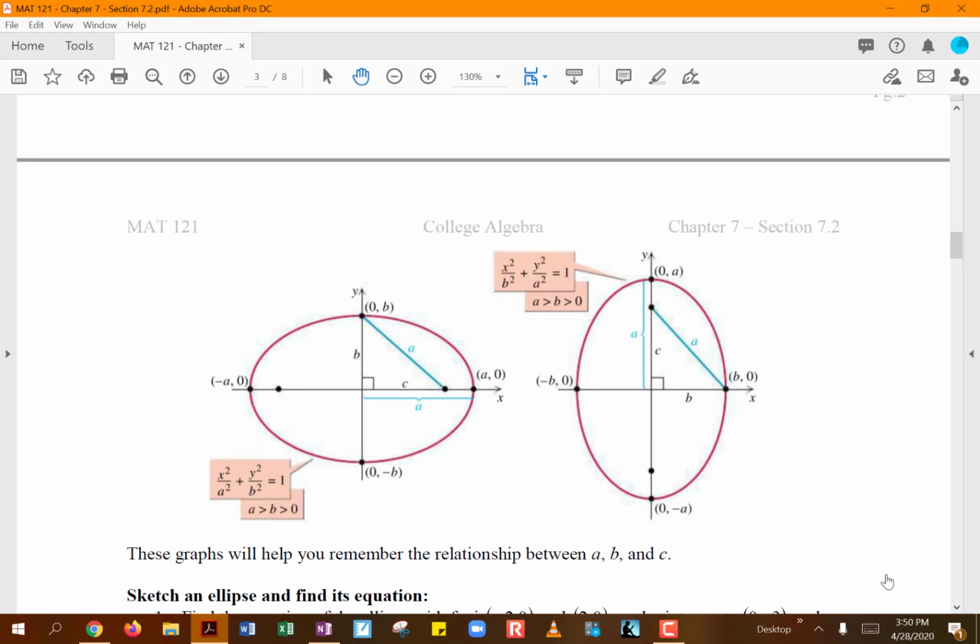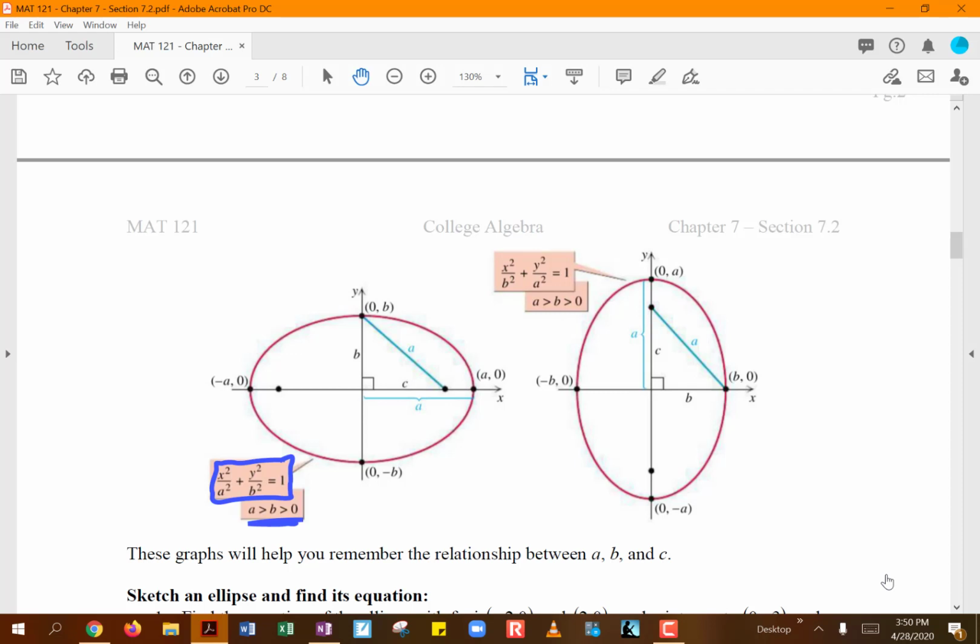On the left is our ellipse centered at (0, 0) with a horizontal major axis, and you will see this is the equation, x squared over a squared plus y squared over b squared equals 1, and a is greater than b and b is greater than 0, which means both numbers are positive and a is greater than b.